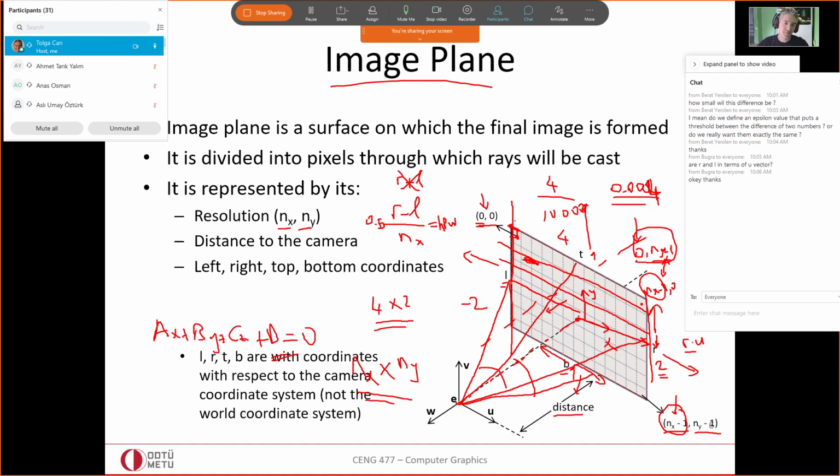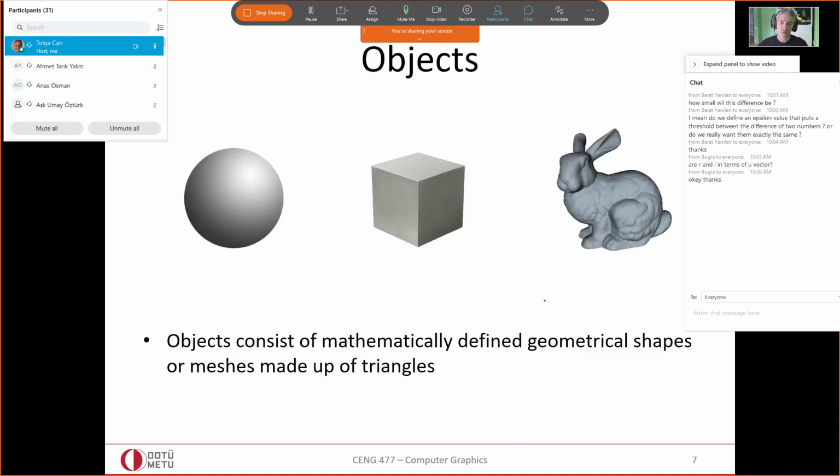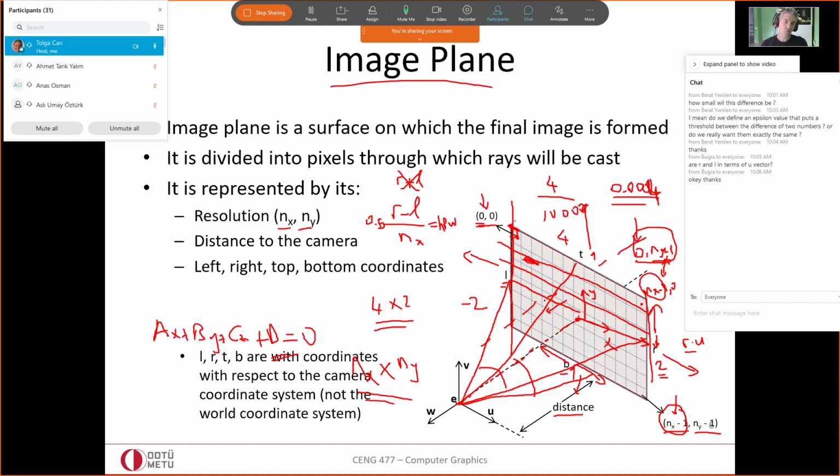But it's better to think of them just like signed distances, which tell us how many units we need to go in the u direction to get to the left and right boundaries of the image. So that's very important, the image plane. And with the examples, I think it will be clear after we talk about how we compute the pixel coordinate given any i, j.